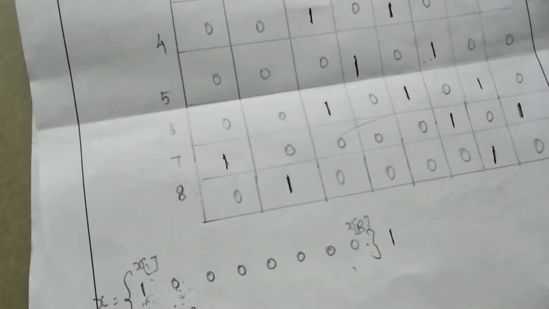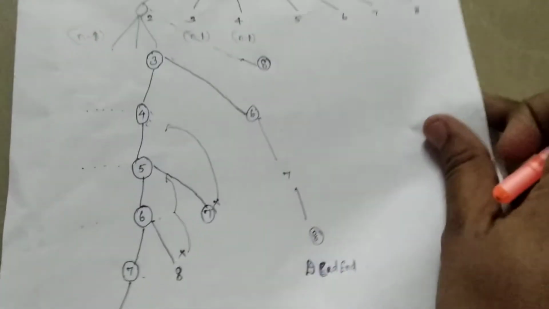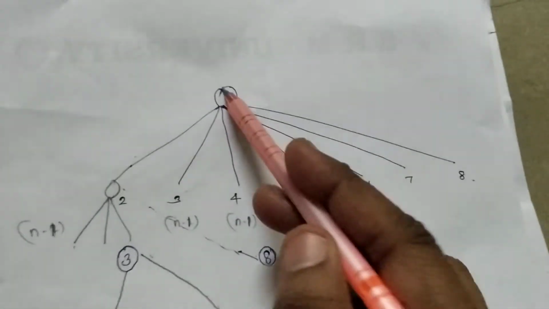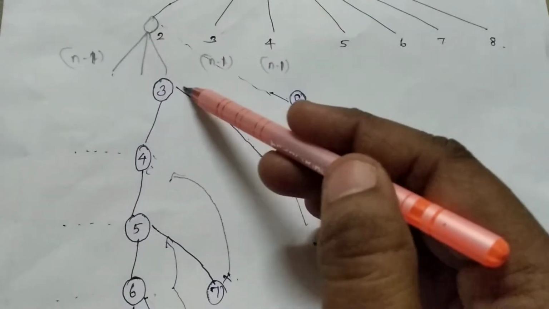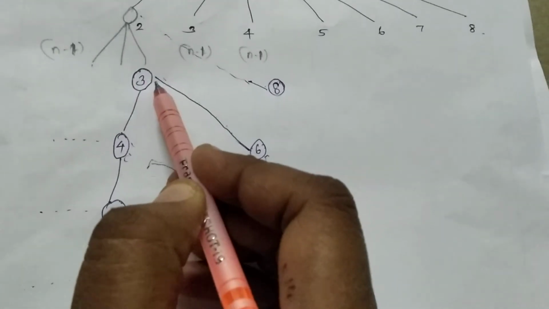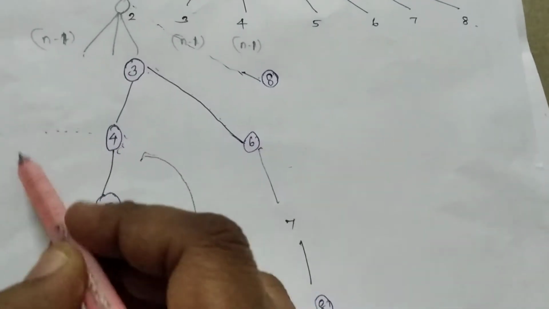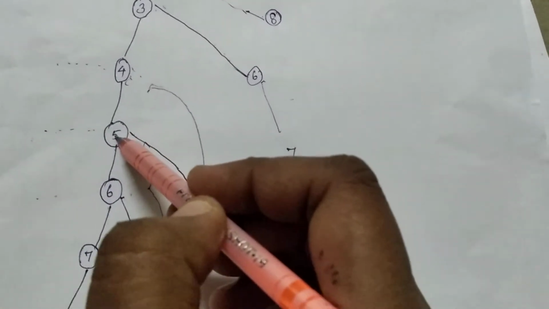So we are going to see the state space tree for this. We are starting from vertex 1, vertex 2, then 3, and in this position 1, 2 failed, so 3. Now 3 to 4, 1, 2, 3 failed, 4, and from 4, 1, 2, 3, 4 failed, 5.